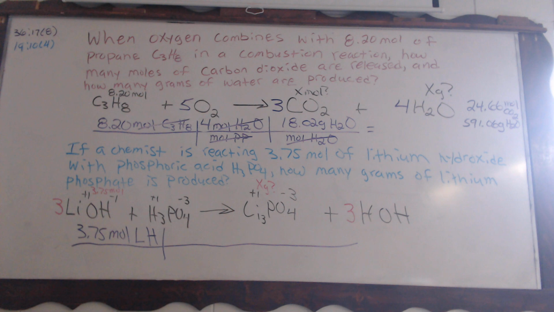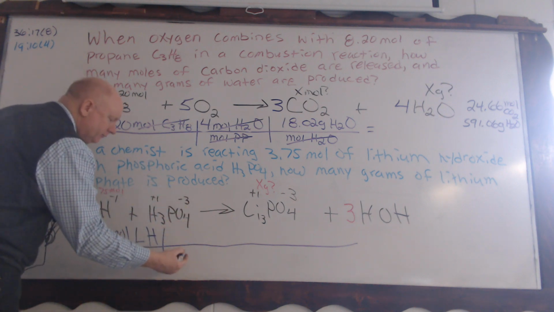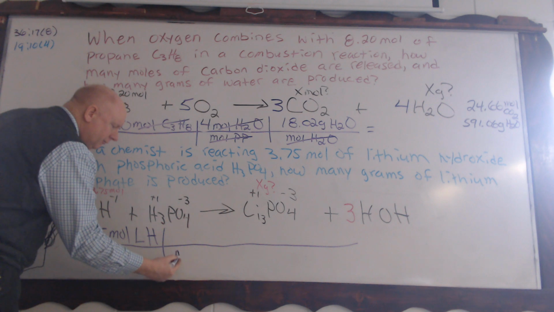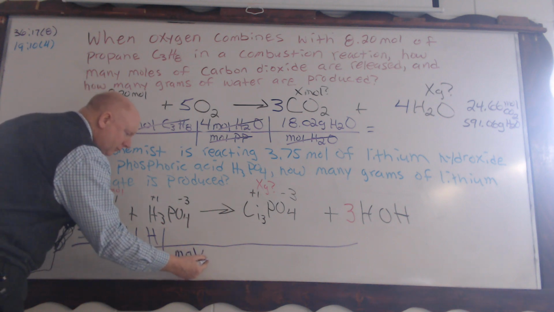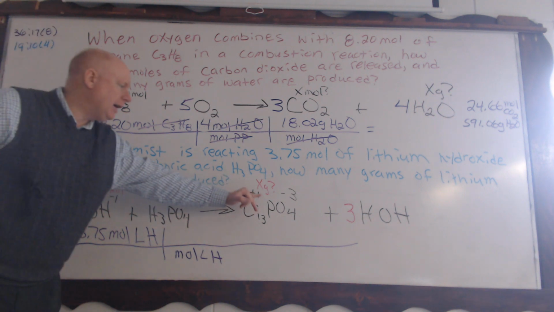All right, so we'll go ahead and get rolling again. We've got 3.75 moles of lithium hydroxide. How do we cancel this in our next step? Now we're going to go from this side of the equation to this side.